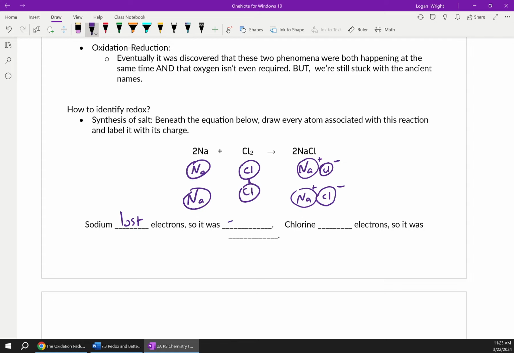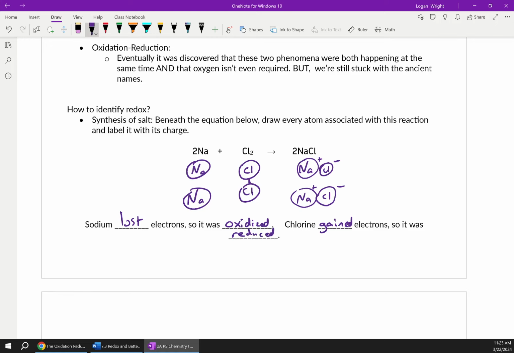Oxidation is loss, right? So it was oxidized. Chlorine gained electrons, so it must have been reduced. Or you could say chlorine's charge decreased, so it must have reduced.